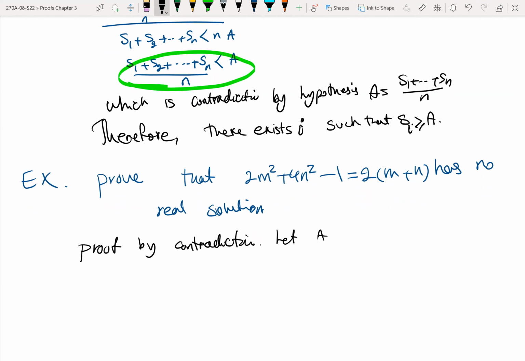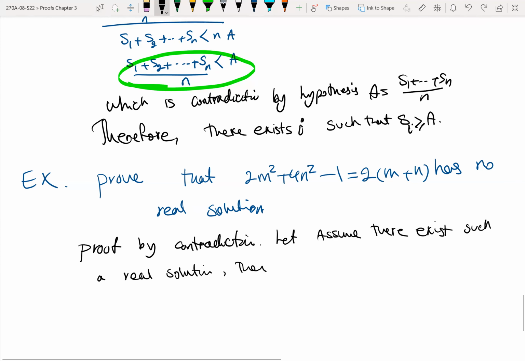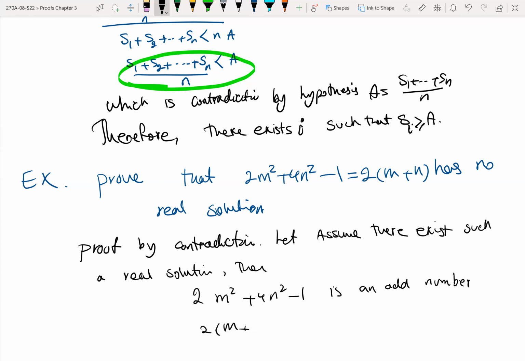Let's assume there exists such a real solution, then 2m squared plus 4n squared minus 1 is an odd number. 2 times m plus n is an even number.